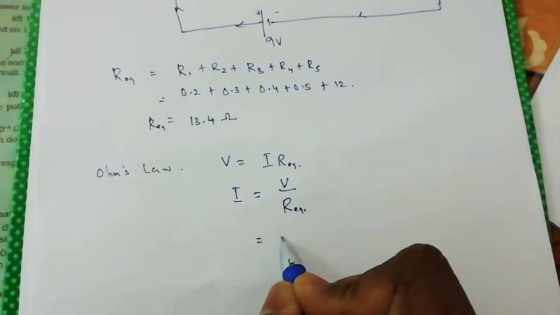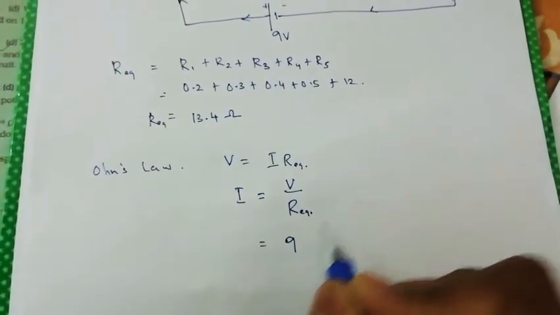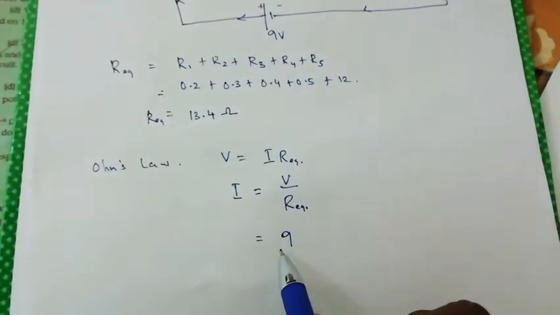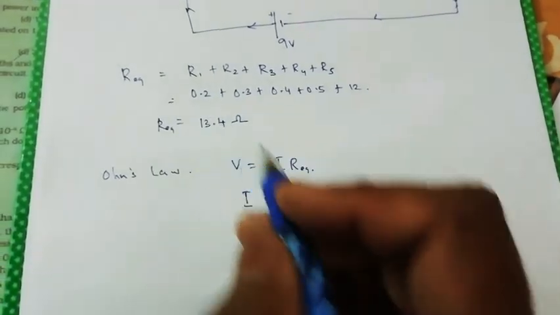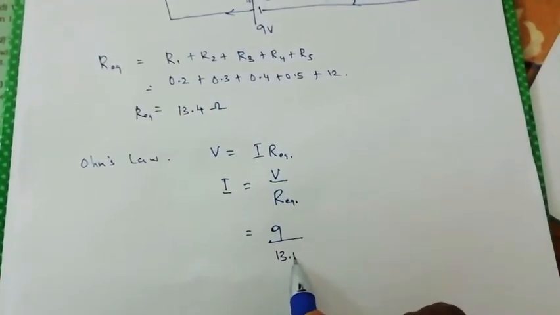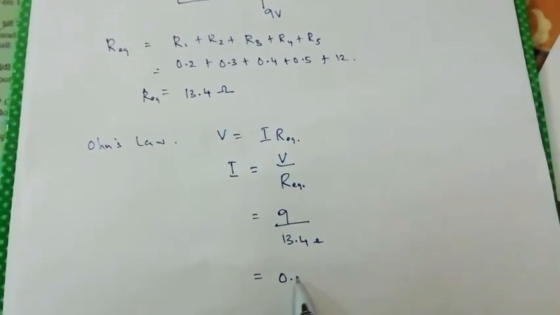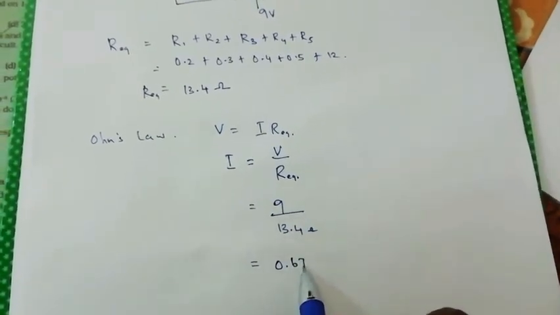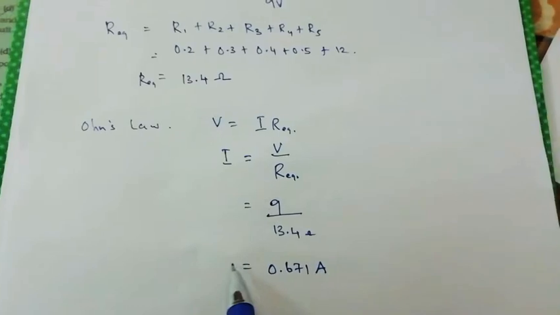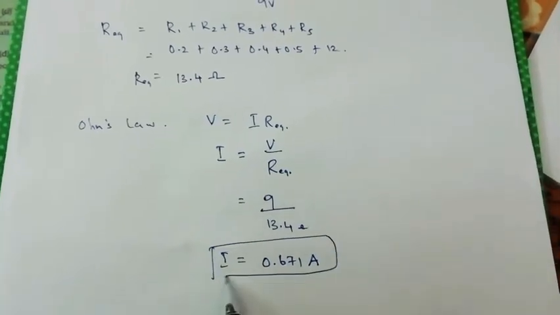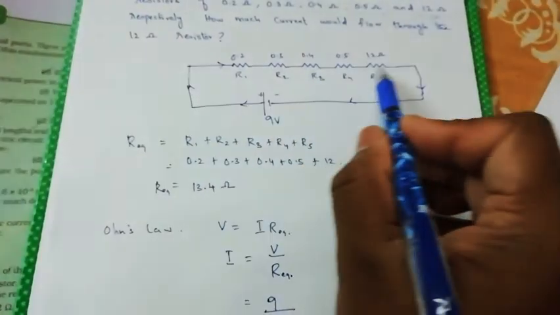V, we know, is 9 volt, which is given here, and R equivalent we just found is 13.4 ohms. So when we do this calculation, we find 0.671 amperes of current flowing through this complete circuit.